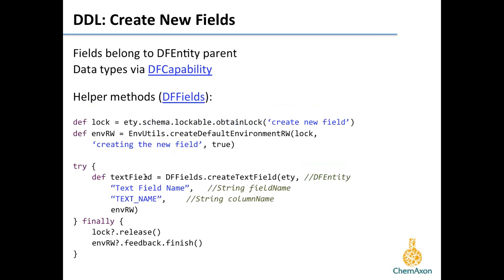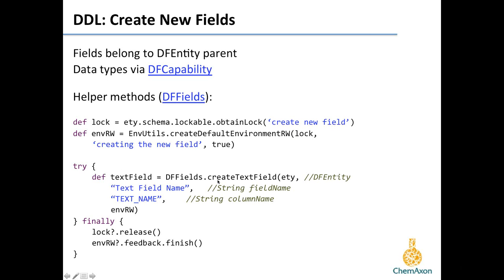And the same thing holds true for creating a new field. Fields belong to the entity parent, so you're going to use a helper method that comes from the entity itself. And here we're going to, again, lock up our entity, create our environment, and then call our helper method. So let's say we want to make a new text field.